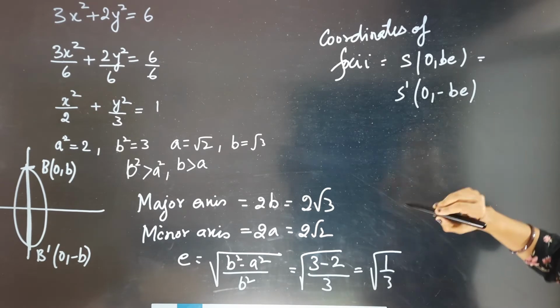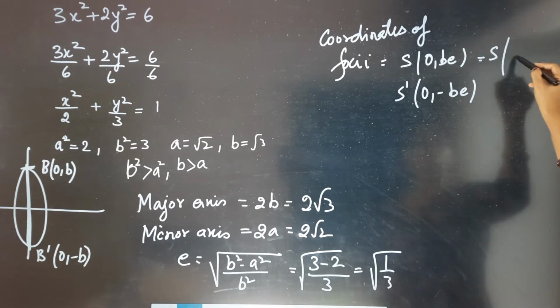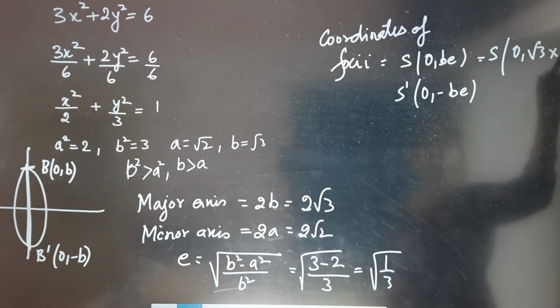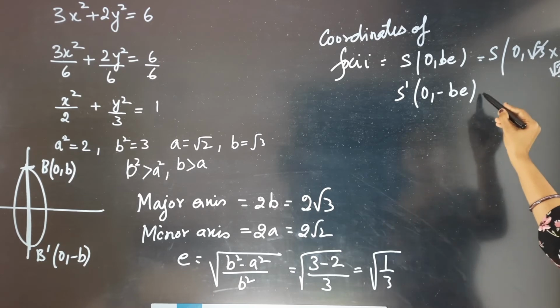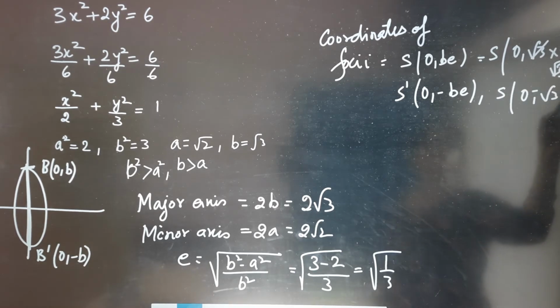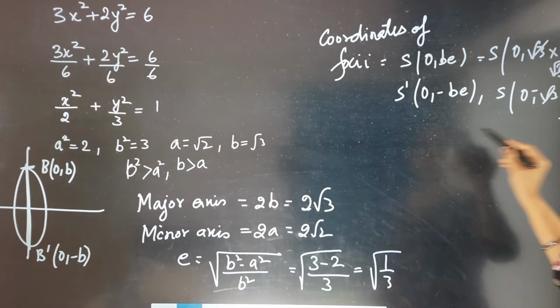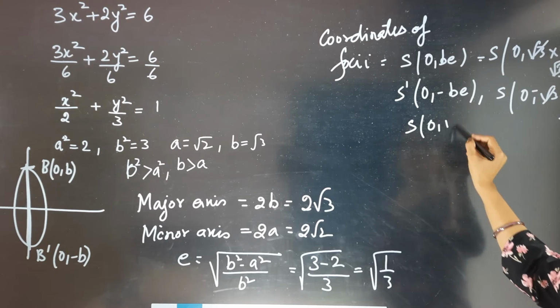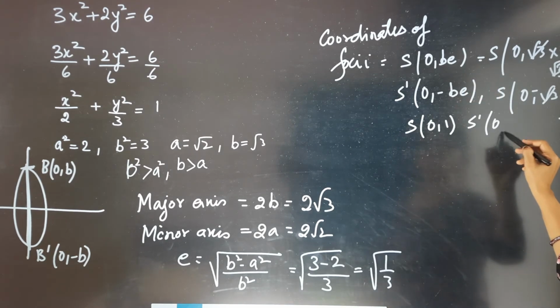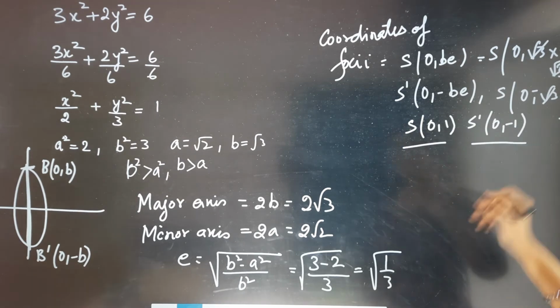So the x part is exactly going to come as 0. The b part is root 3 and e is 1 by root 3, so root 3 will get cancelled, and here it will come as 0, and minus, again root 3 into 1 by root 3, so this part will get cancelled. So the foci are (0, 1) and (0, -1).